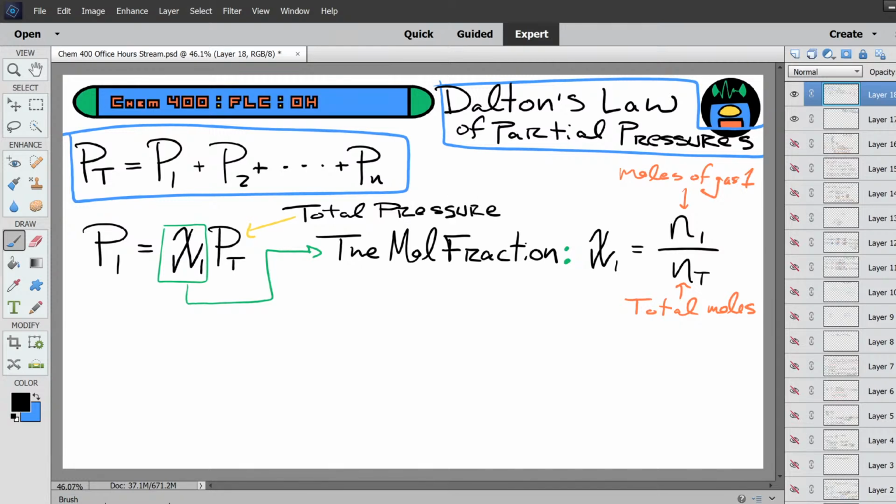All right, these are the two ways of writing Dalton's law of partial pressures. They're useful in different contexts. You'll probably use both of them as you go through the homework.